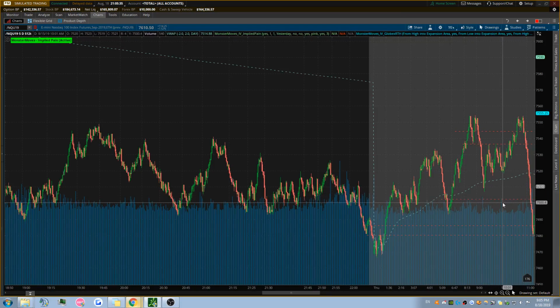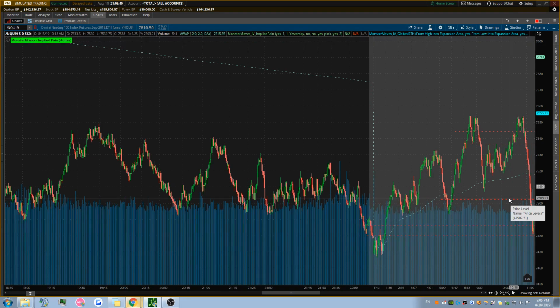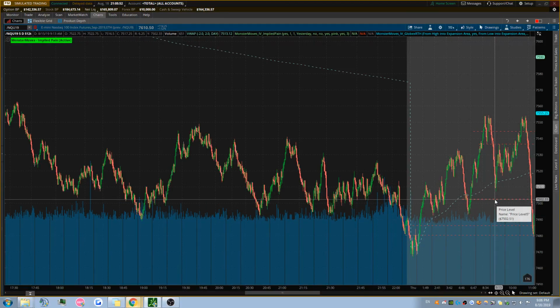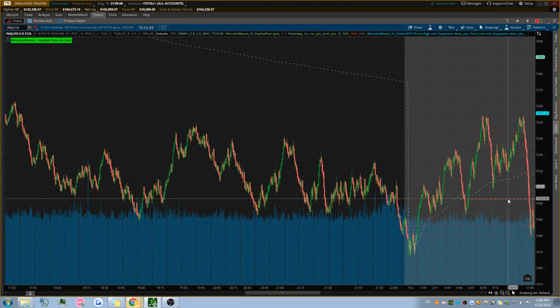And what's my first TP? My first TP is what was untested, or your first level that you lost. Because if we are not making a new high here, which I think we will, but we might not, then the level to do that off would be this level where I took my first TP. So this is your first TP, which gets hit right there.